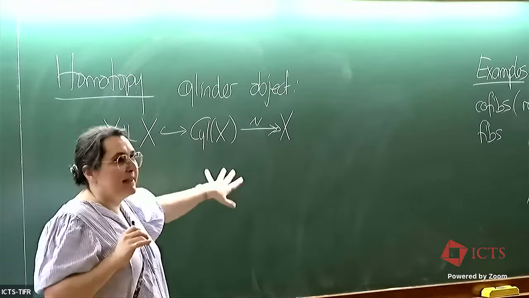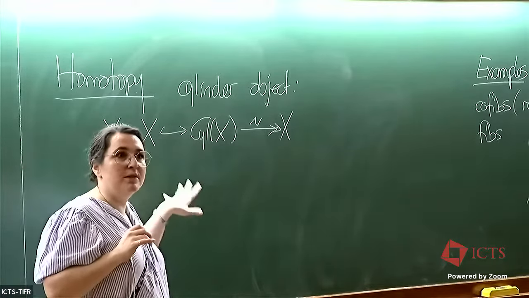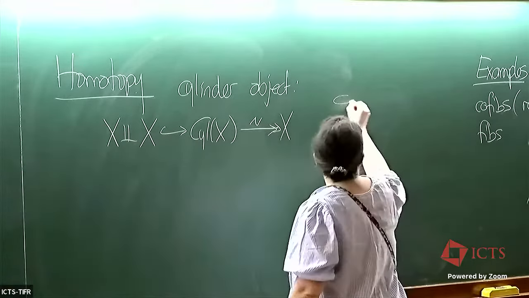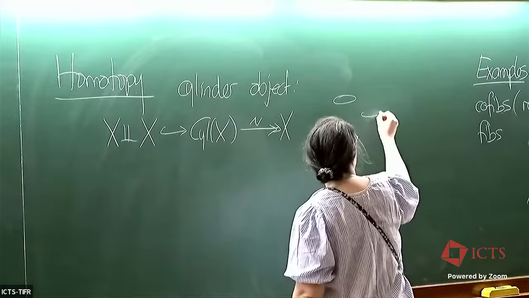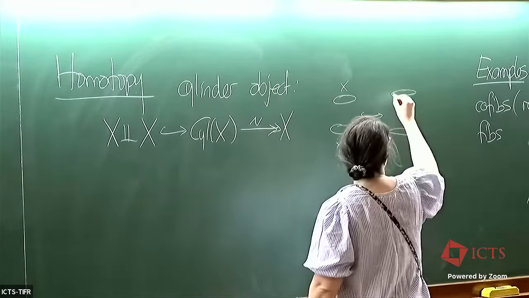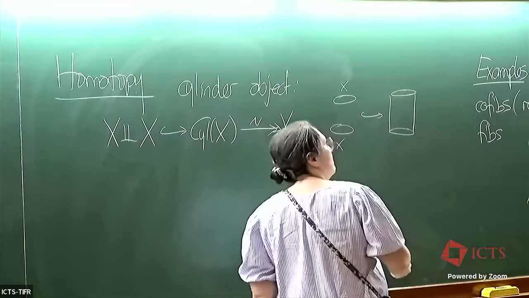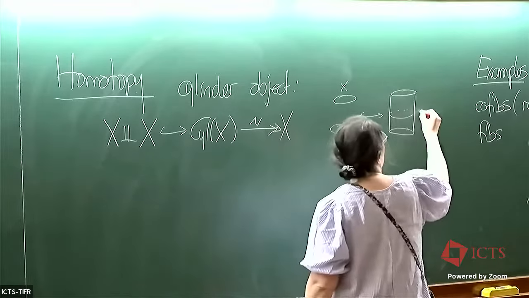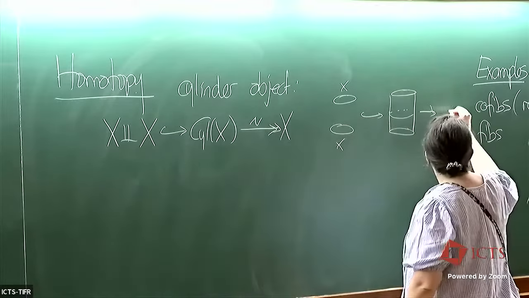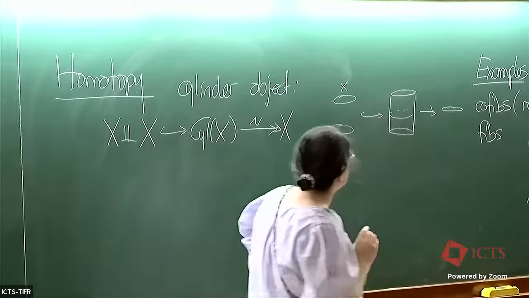Whatever arises like that, we are allowed to call a cylinder object, because we can really think about it as you have two copies of X, you include it into something, and then you squash it.